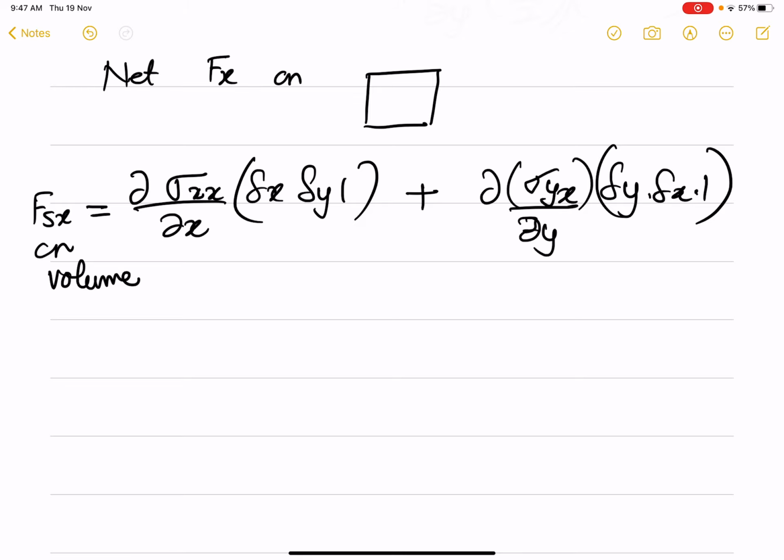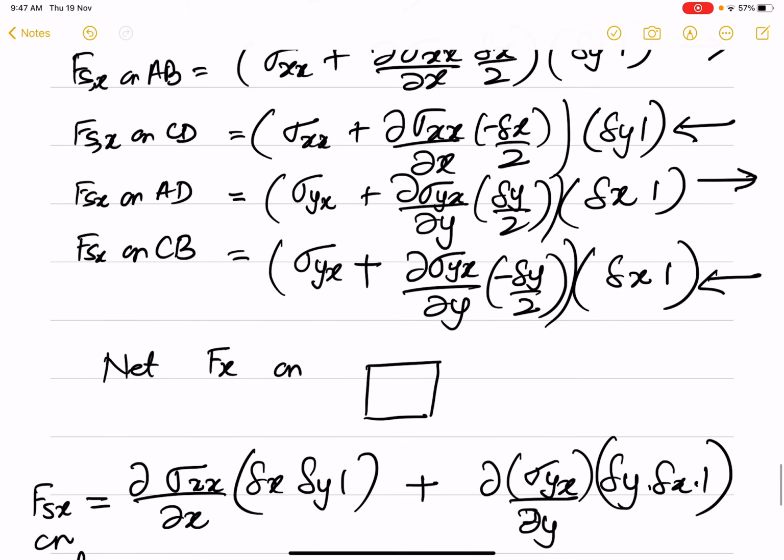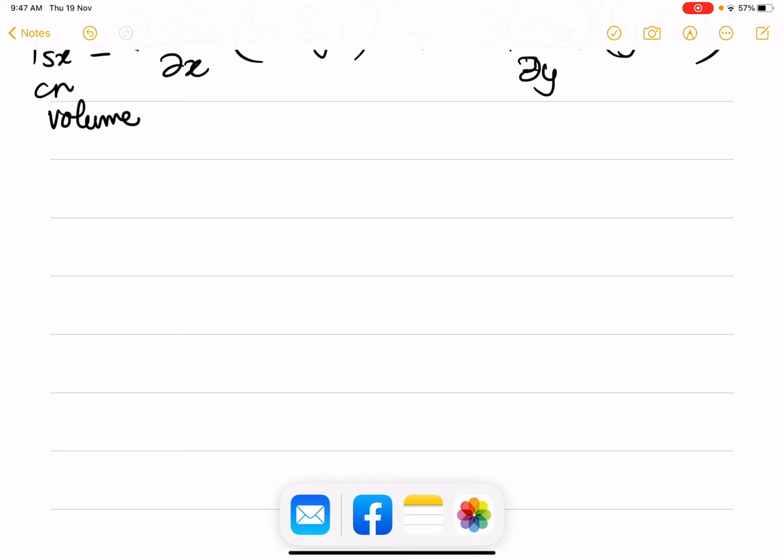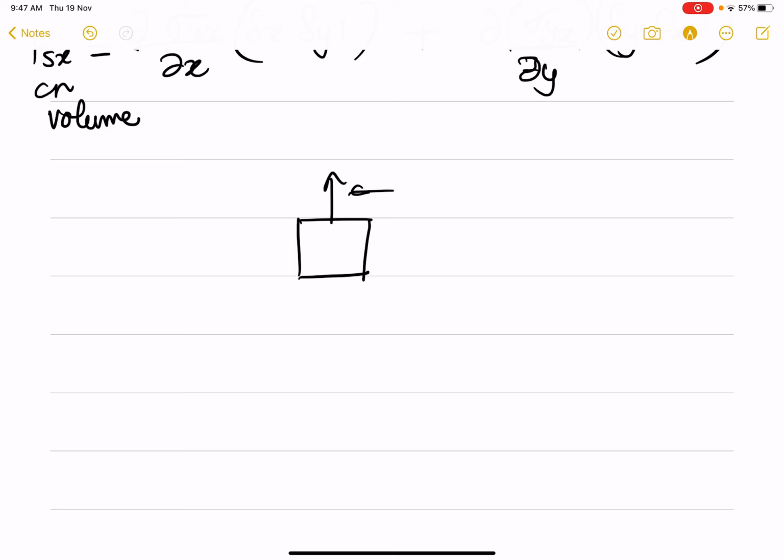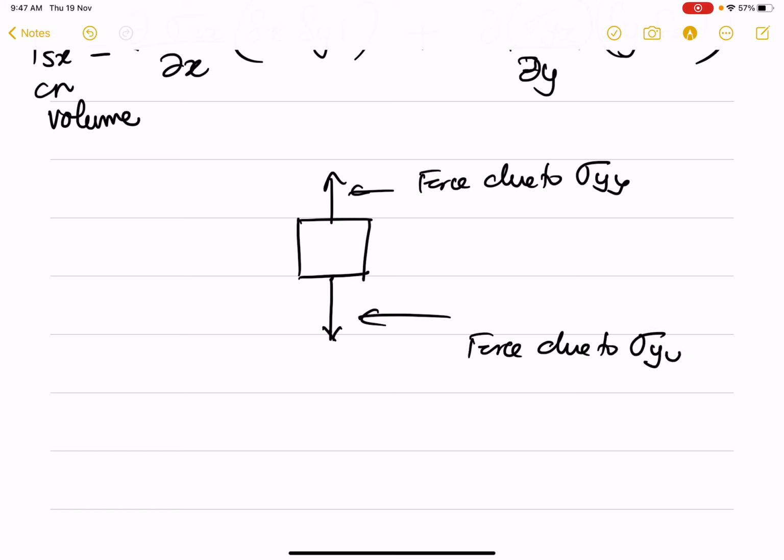Similarly, you can do a similar exercise for Fy, and this I will leave for you to do. For the y forces, I'll just show it. There will be force due to sigma yy on this face, and similarly force due to sigma yy on the other.